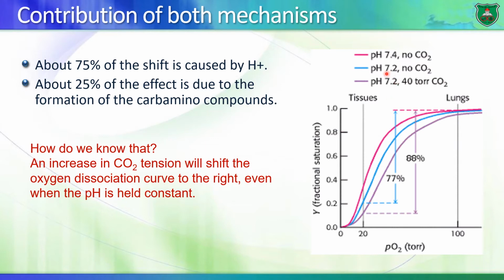Now, in the third sample, what we've done here is that pH is 7.2, but there is CO2. So you compare blue to purple. pH is the same. The only thing that is different is the concentration of CO2. And as you can see here, there's again shift to the right. So CO2 lowers affinity as well.